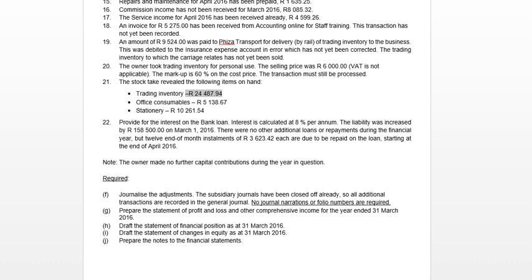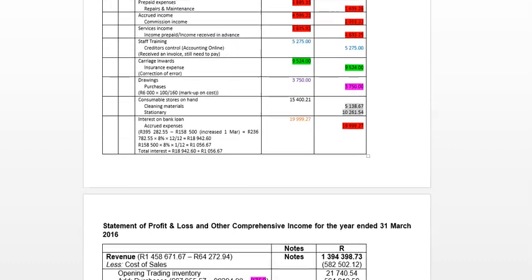But our office consumables and stationery are all expenses which we incurred during the year, but it was still stationery which we didn't use up during the current financial year. So we can use it for the next financial year, and we need to take that out. The same goes for office consumables.